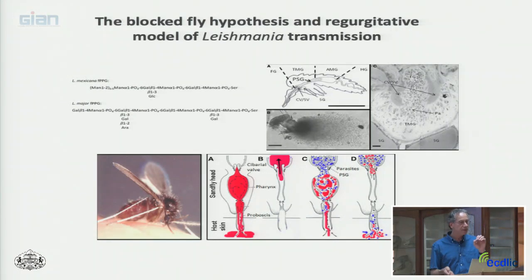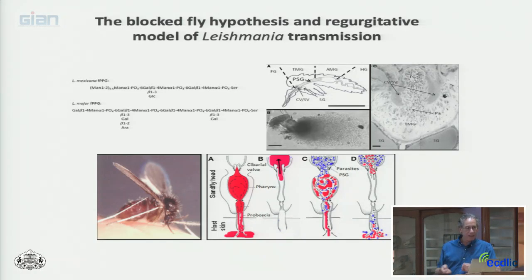And so they essentially regurgitate. They try and forcefully dislodge or vomit contents of this plug, this biological plug, forward. And that's how it's thought that parasites, particularly large numbers of parasites, get deposited in the skin when this infected fly takes a blood meal.